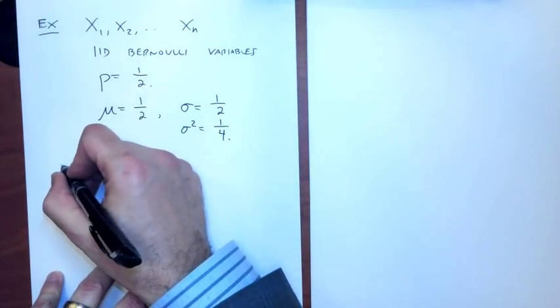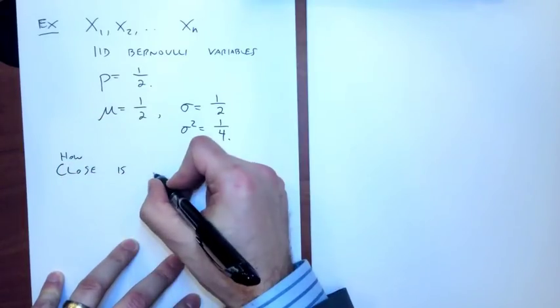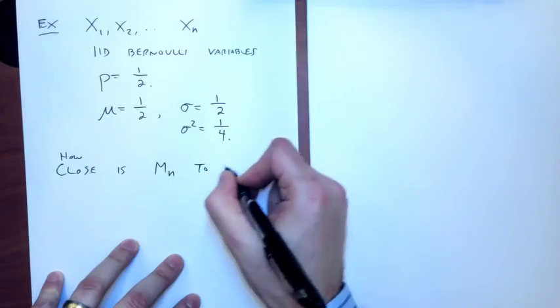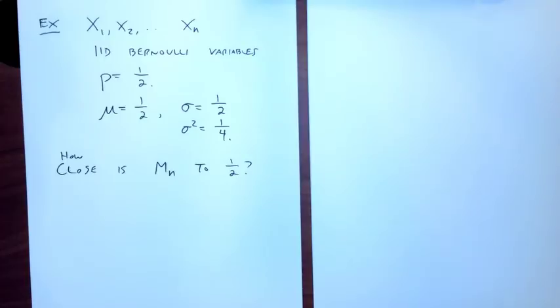Now I can ask the question, how close is the average of n of these numbers to 1/2? We want to know, on average, if I flip 1,000 coins, how close do I expect to be to 1/2?